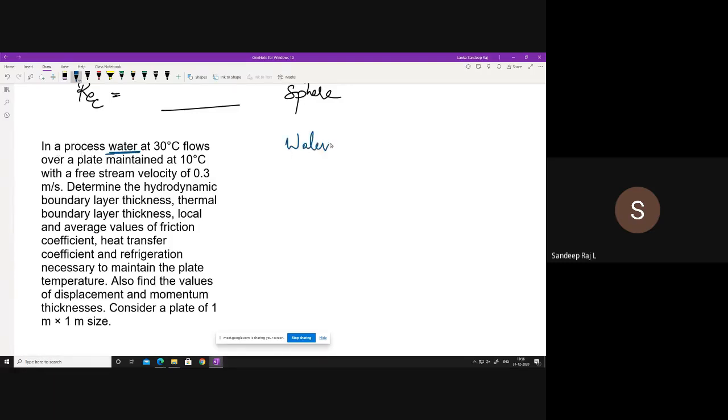So you have to write what is the material here. It is water flowing over a plate. So you have to write that it is an external flow problem, external flow over a flat plate. That is the second thing that you have to do.